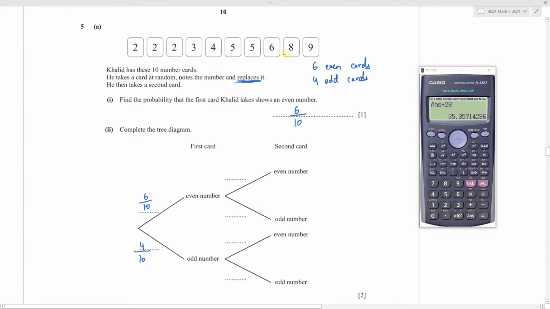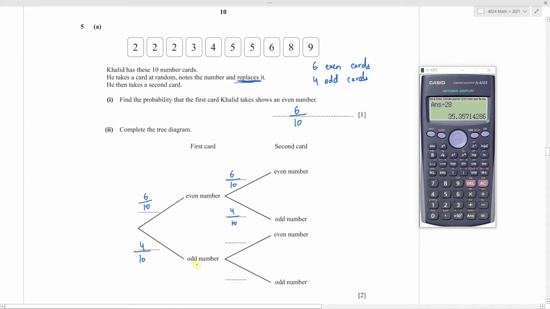So you will always have 10 cards to choose from. This is with replacement. So again you have 10 cards, and how many even cards? Still 6. Even though the first card was an even number, Khalid puts it back into the deck before choosing the second. So you still have 6 even out of the 10 total cards. And similarly, you have 4 odd out of the 10 total cards.